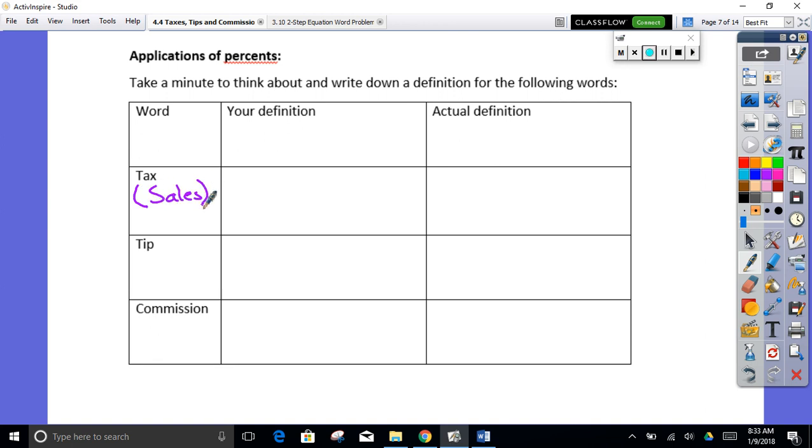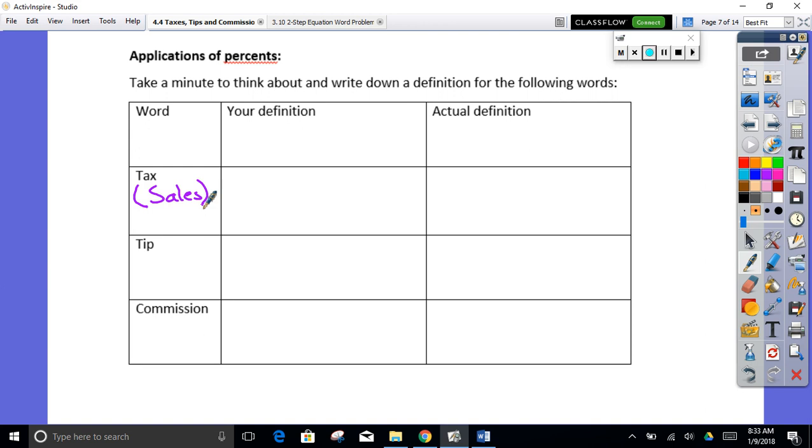So, Adrian, you told us that sales tax is 6%, but what is sales tax? Haley? Every dollar you spend on like a toy or clothes or something, you have to pay another 6 cents. Okay, good. So every dollar that you spend, you have to pay an extra 6 cents.